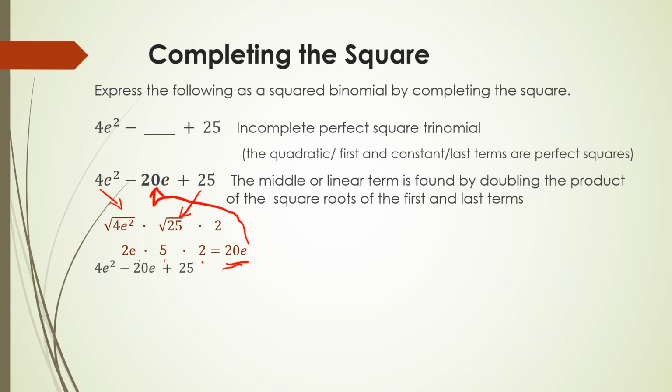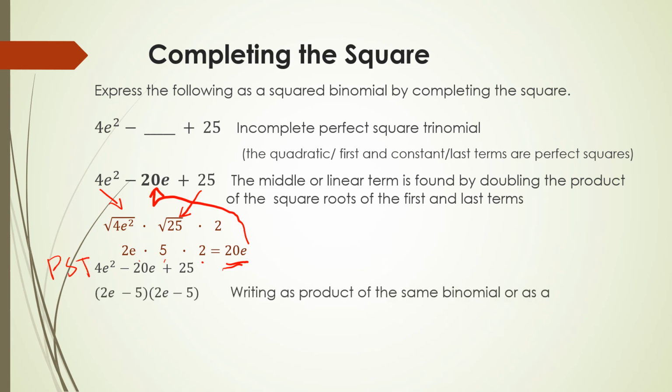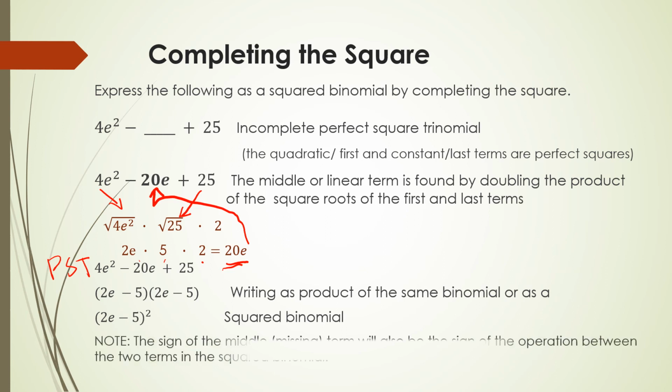So, since we have the perfect square trinomial, PST na to ang tawag dito, pwede na natin siyang i-factor. I-factor into 2e minus 5, 2e minus 5. Okay? Or, pwede mo siyang isulat as 2e minus 5 quantity squared. Okay?